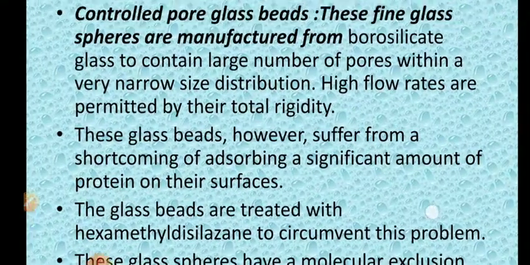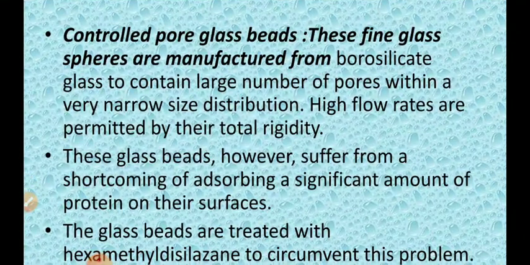The next type of gel bead is controlled pore glass beads, that means porous glass beads. These are fine glass spherical particles prepared from borosilicate glass having many pores on them, and it gives total rigidity to the gel bed, the separation column bed, right?